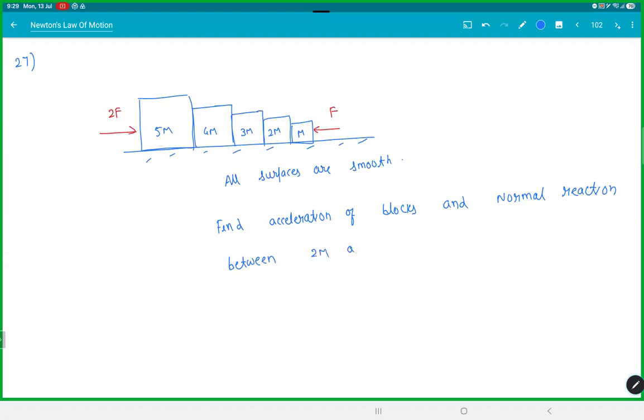And between 2M and 3M, let's get this. Yeah, acceleration is easy.